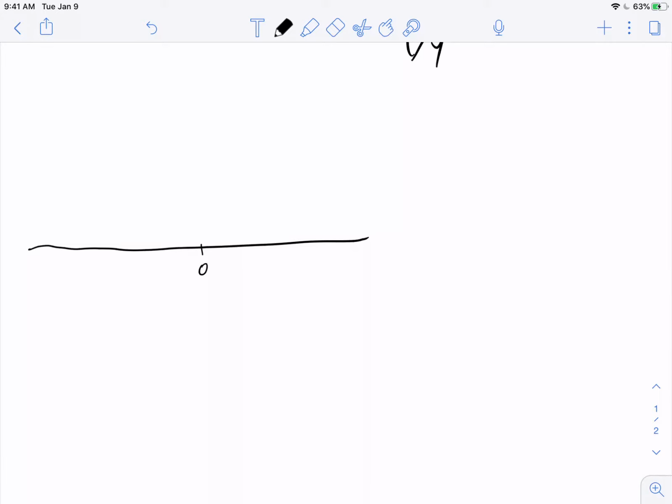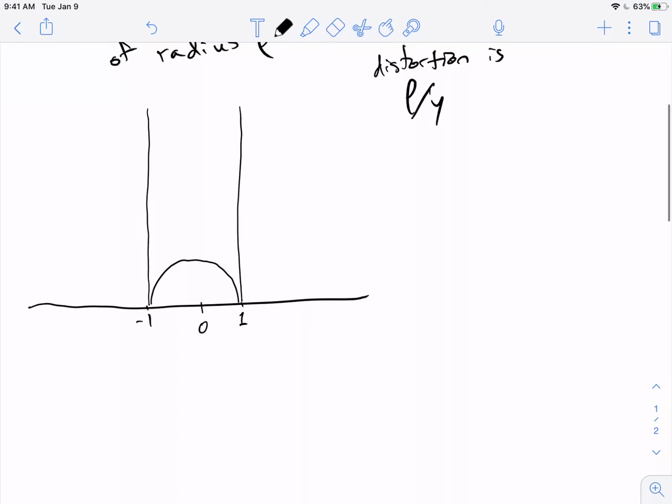And so the simplest one I can think of has as its geodesics a semicircle of radius 1 centered at the origin, and then the other two sides are given by the vertical lines at plus and minus 1. Okay, and so what I want to do is calculate this area, but taking into account the distortion factor.